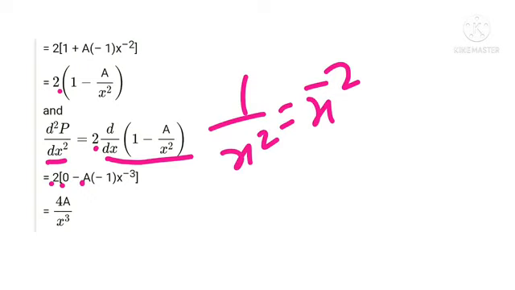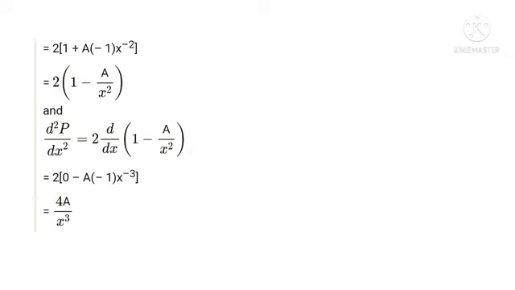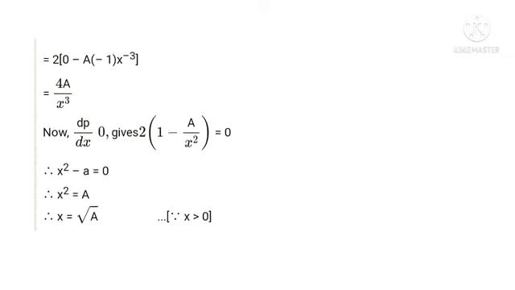You use the formula: derivative of x raised to n is n into x raised to n minus 1. So you get here minus 1 into x raised to minus 2 minus 1, means minus 3. So you get 4a upon x cube.